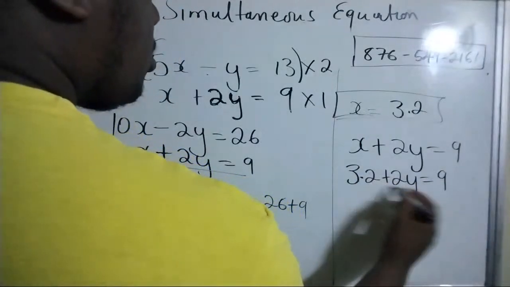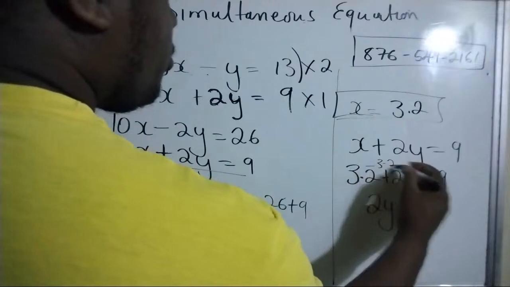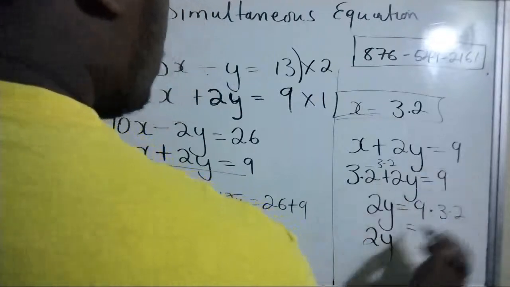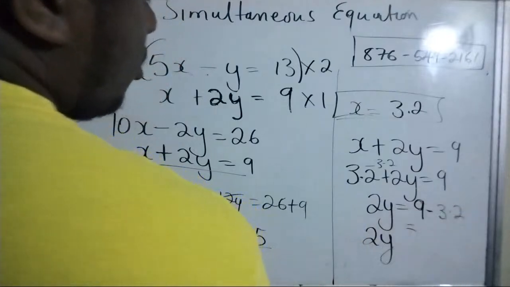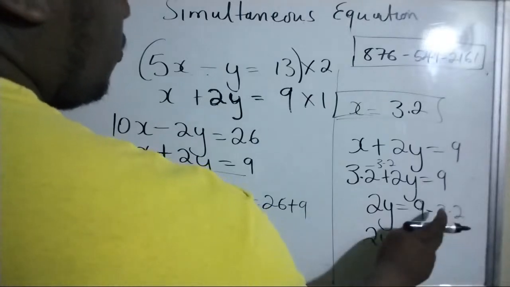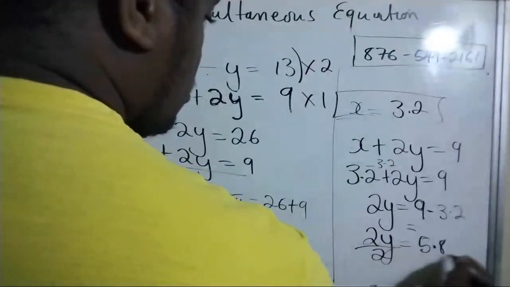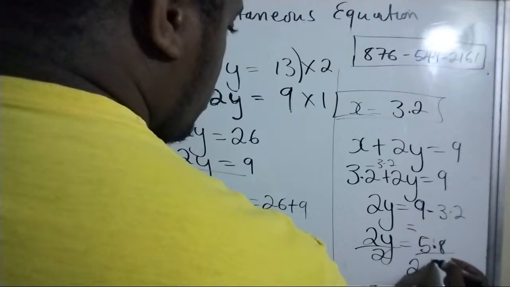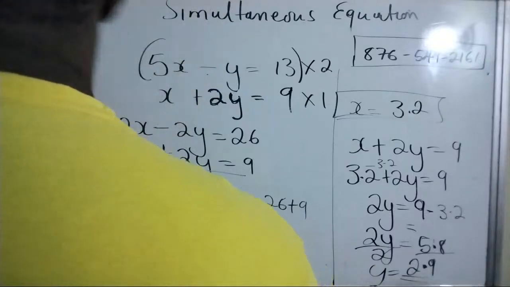And then now we can get rid of the 3.2 by subtracting 3.2 from both sides. 9 minus 3.2 leaves 5.8. Then divide by 2, that gives 2.9. So y is equal to 2.9.